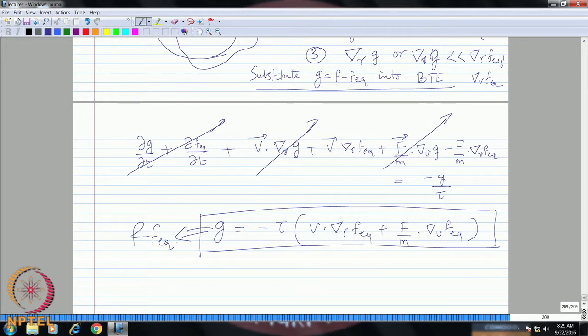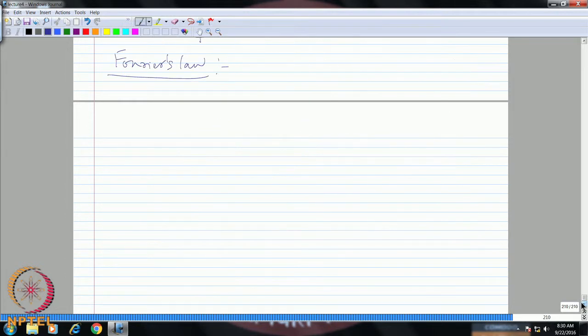So, we will therefore first take the case of deriving Fourier's law, that is heat conduction. In the case of heat conduction, we can consider a domain where you have a high temperature on one end.